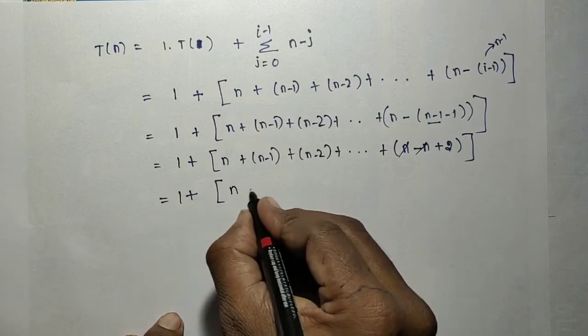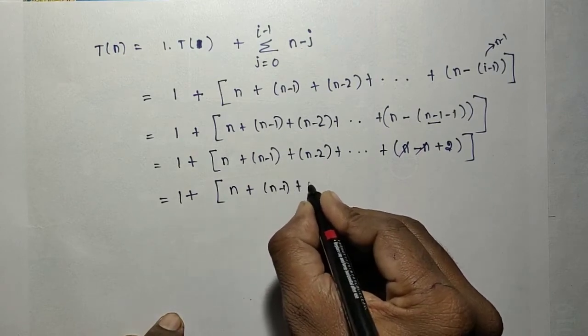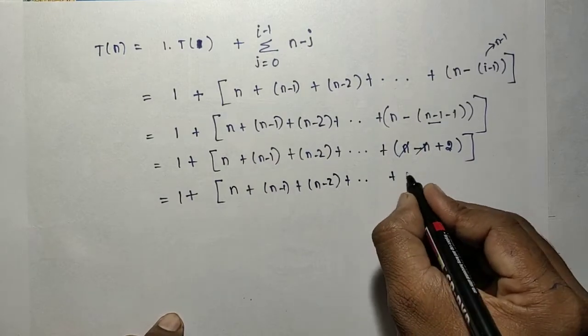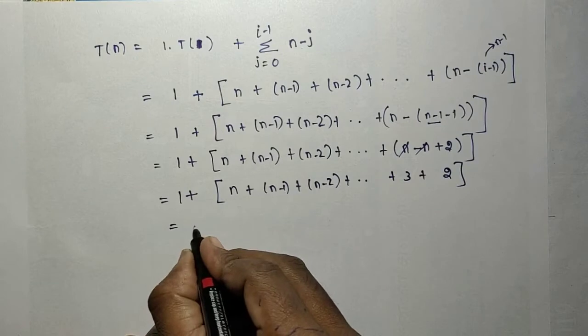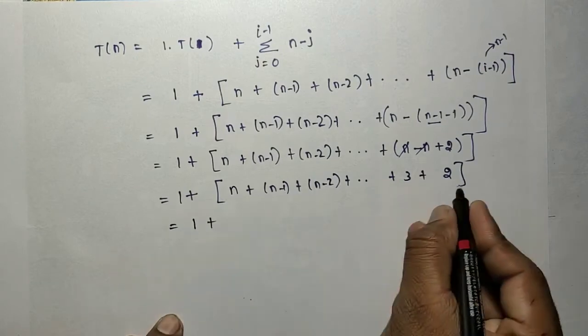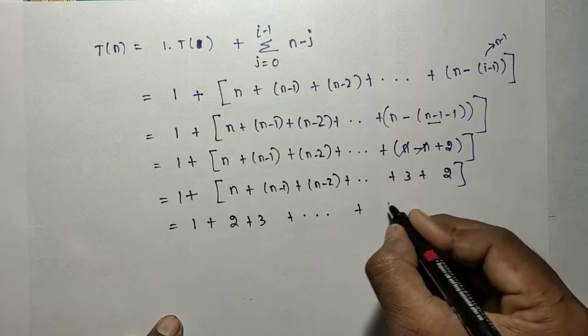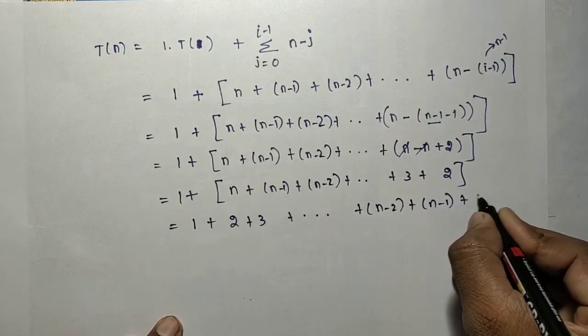So simply n plus n minus 1, n minus 2, plus and so on, plus 3 plus 2, that is the last term. It means 1 plus 2 plus 3 plus up to n minus 2 plus n minus 1 plus n.